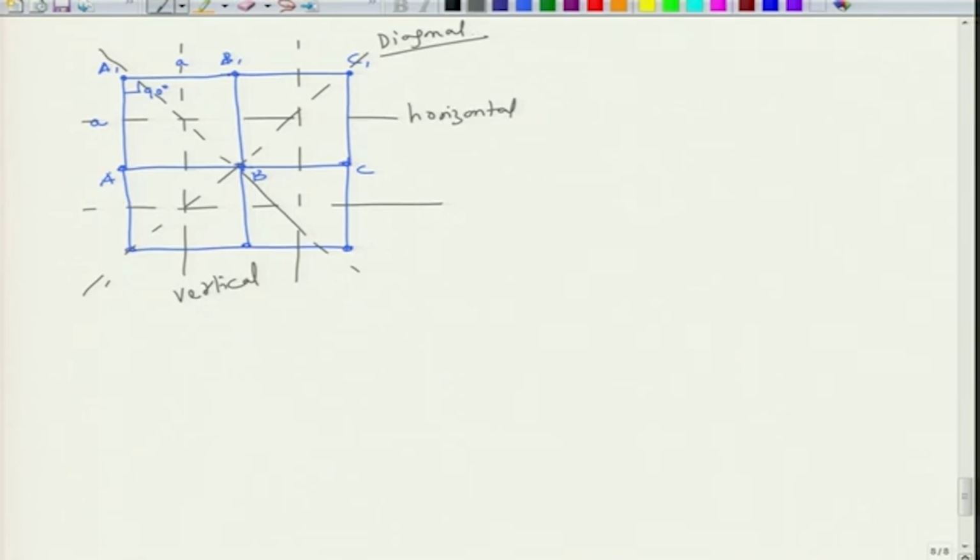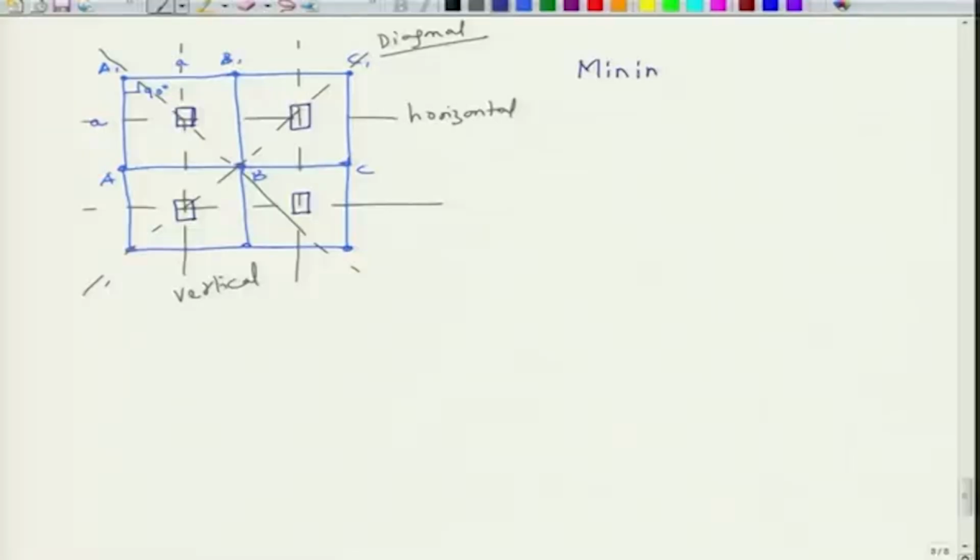Now another thing that is possible is what will happen if you rotate it, for example, at this point by a certain angle. We can see that if this is a square shaped body, we can bring this into self-coincidence only if we rotate it by 90 degrees. Of course, if you rotate it by 360 degrees, it will come into self-coincidence.